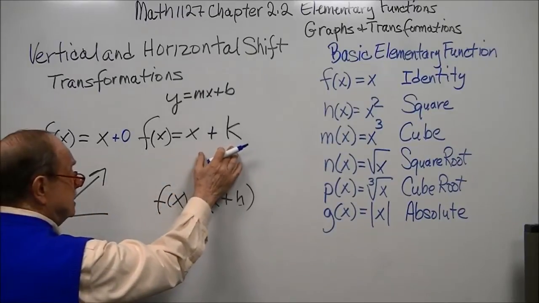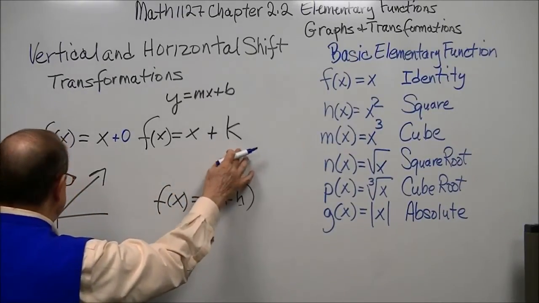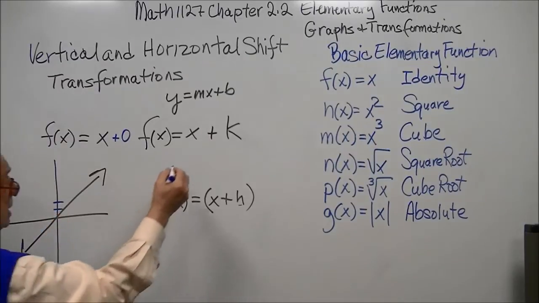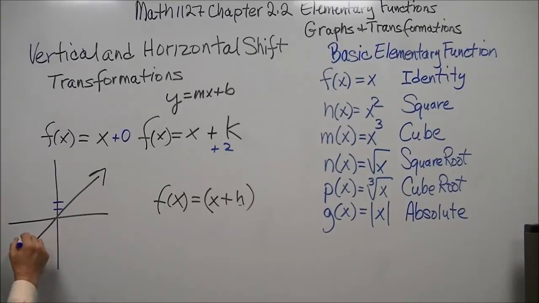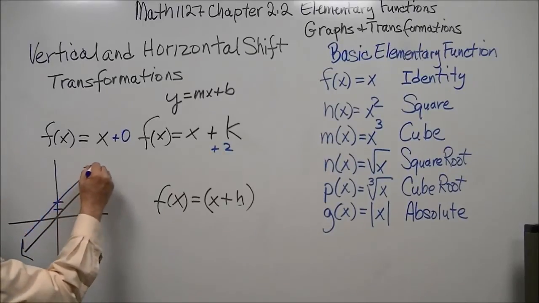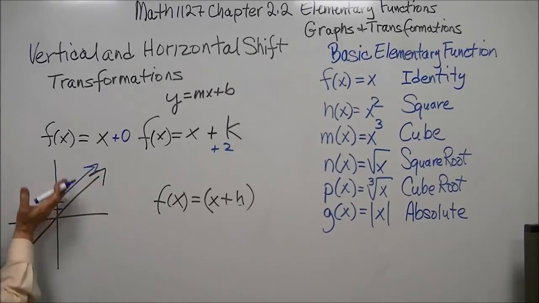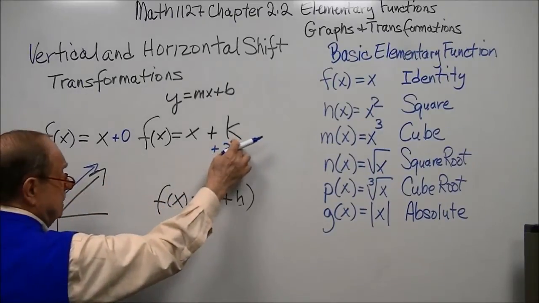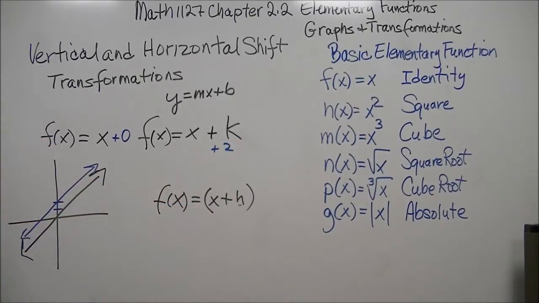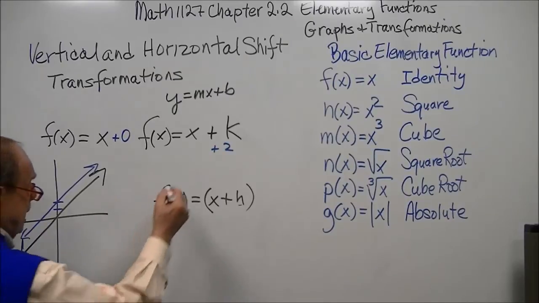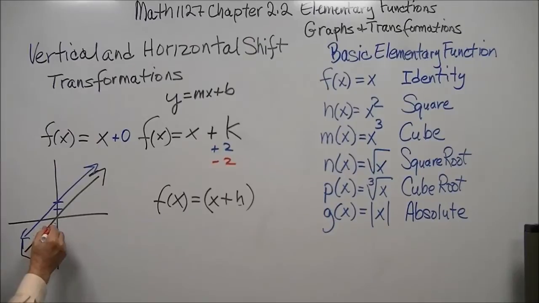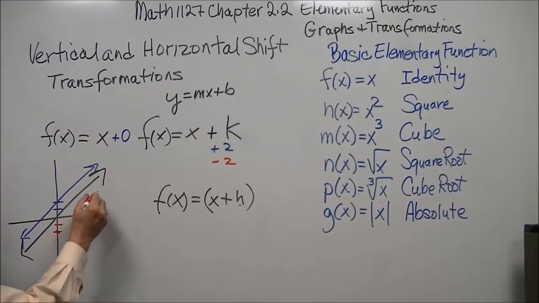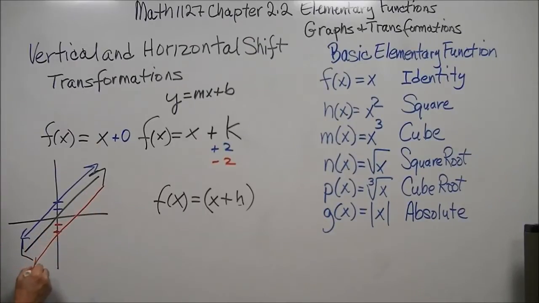Once we add a constant k, whatever it is, if it were a positive 2, that's going to shift this line upward by a positive 2. And if it were a negative 2, it would shift that line down by 2.